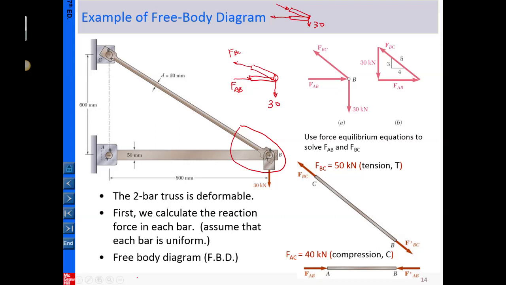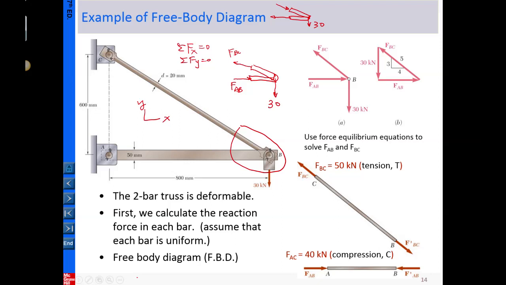So let us start from here using this direction, and then we simply take the force equilibrium and say the force in x direction equals 0, and the force in y direction equals 0. For example, here we assume the x direction is horizontal, y is vertical. If you do this, you can formulate two equations.